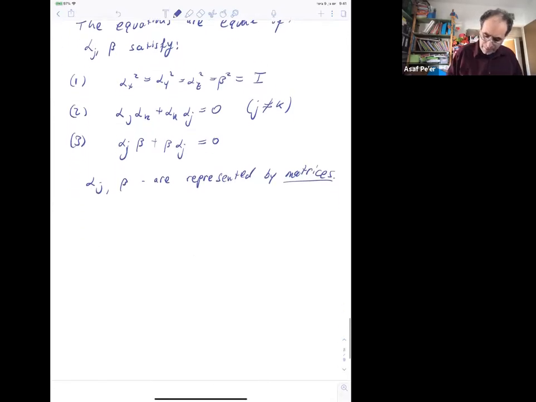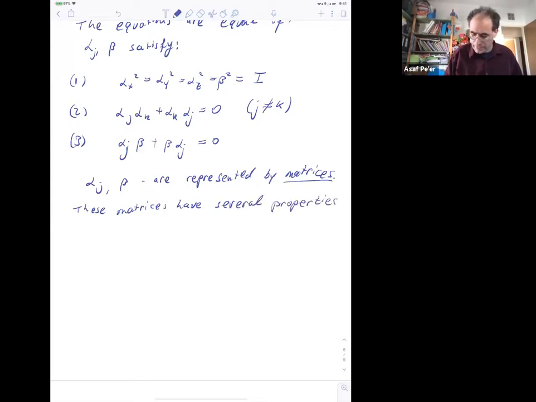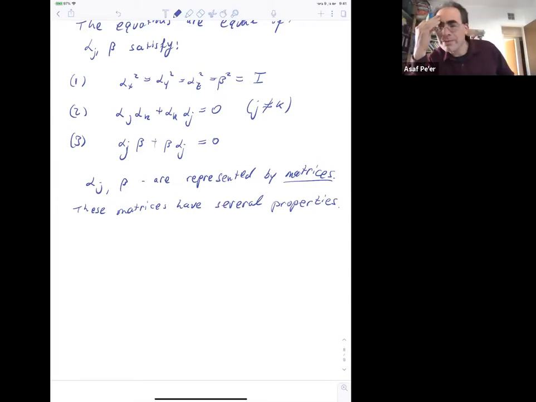These matrices have several properties. You all with me so far? Are there any questions? Well, if you've seen it already, then I'm not surprised that you know what I'm talking about, but there are the ones who have not seen it. Do you have any questions?